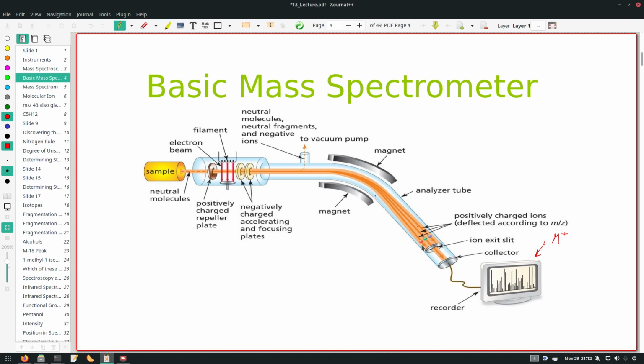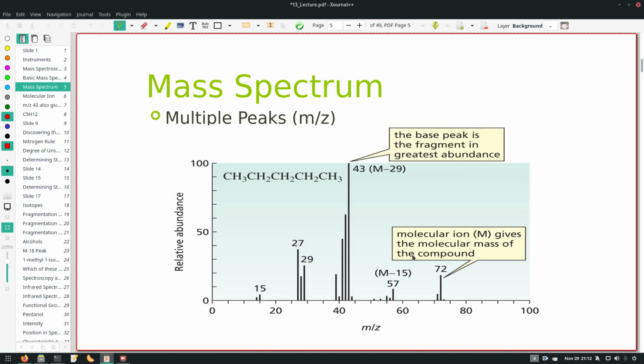What these other peaks are is, it turns out that molecular ion, being a cation, is not very stable, and it will fall apart; it'll fragment. Now, if I were to look at pentane and run it through, this is the type of fragmentation pattern I see. This is a very typical fragmentation pattern for any alkane.